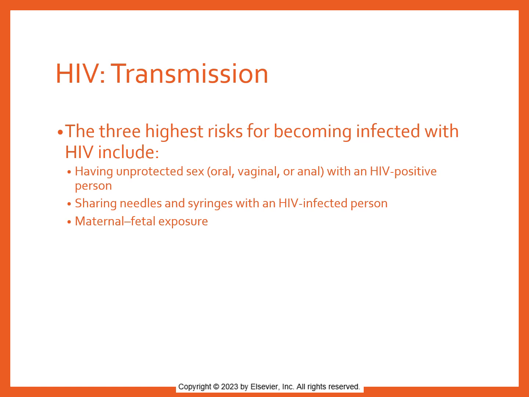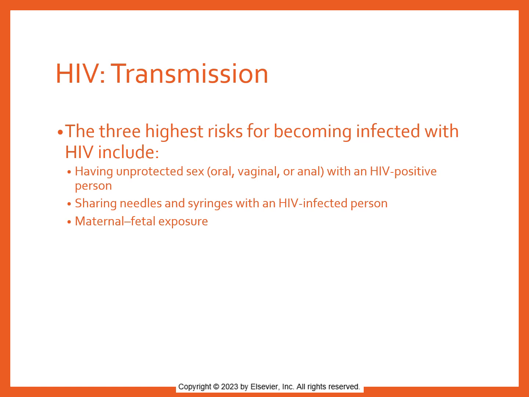1 in 7 people are unaware that they are infected with HIV. It is estimated that more than 50% of HIV-positive adolescents are unaware of their diagnosis and are therefore not being treated. In a CDC report that looked at data for 2015, the largest proportion of new cases, about 68%, was found in men who have sex with men.